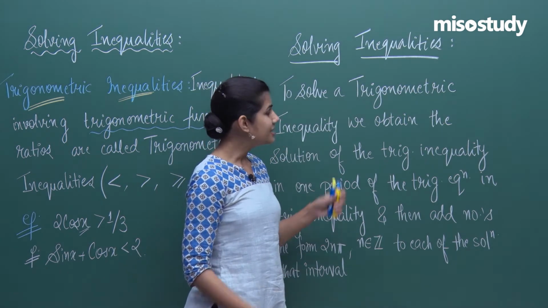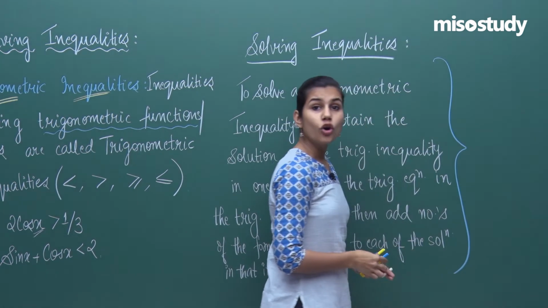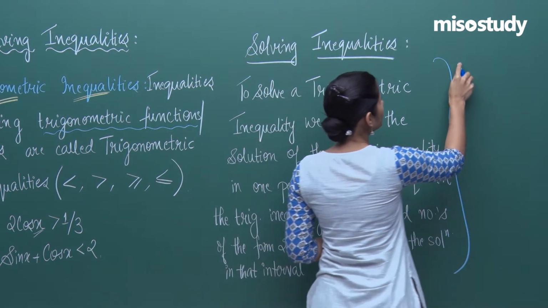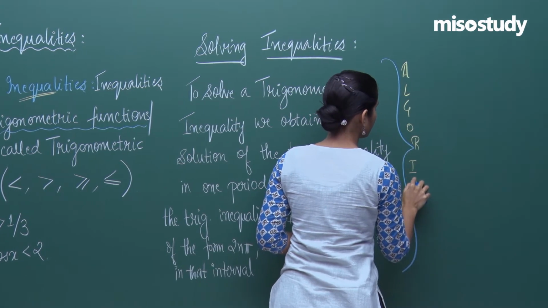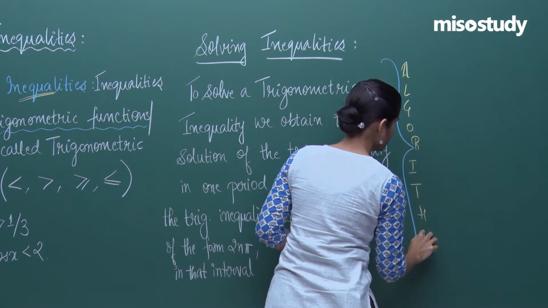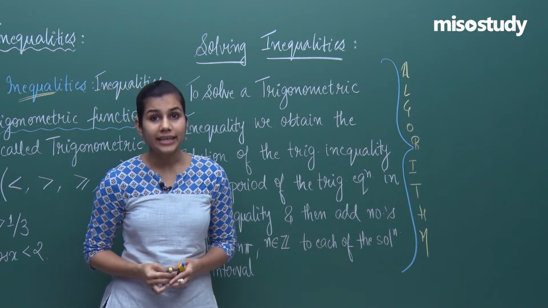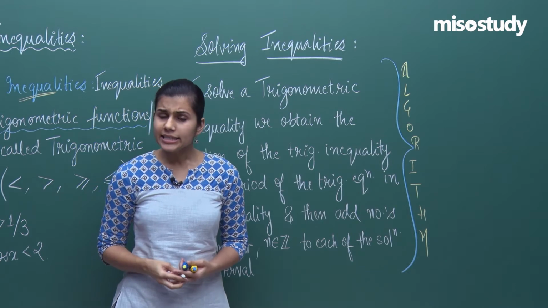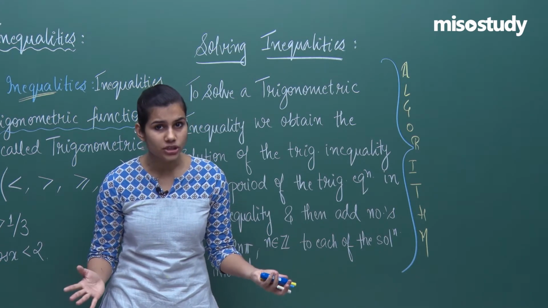Yes, this is what happens to be the very algorithm to help you obtain the solution of a trigonometric inequality. It is saying that trigonometric inequalities are made up of trigonometric functions.